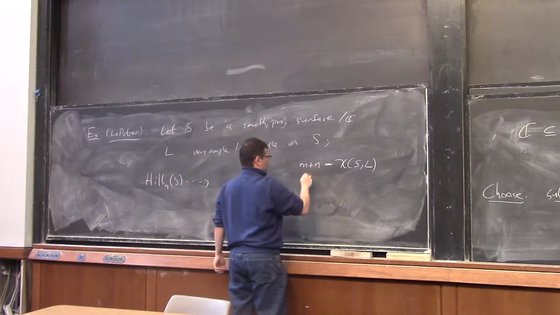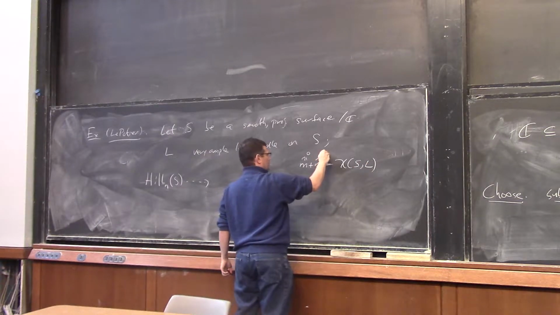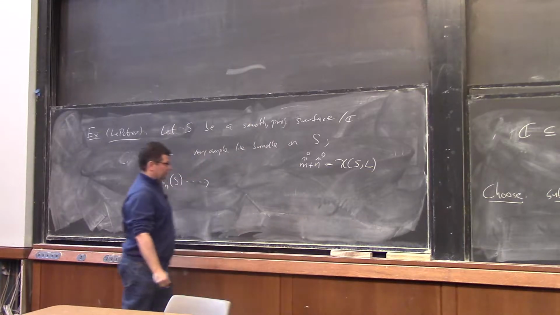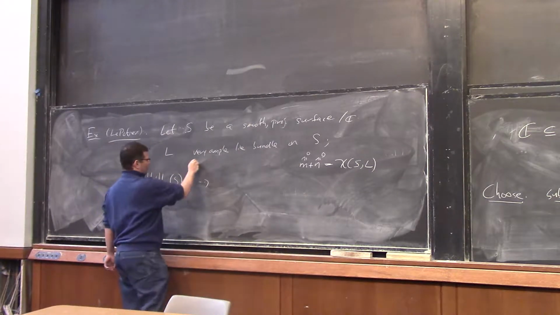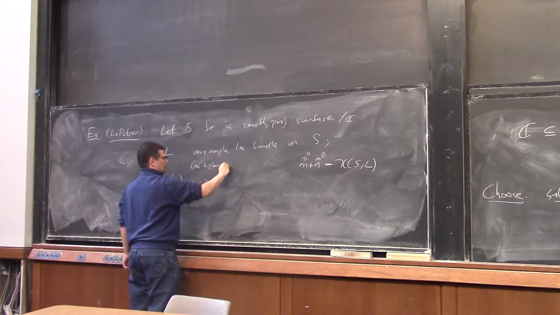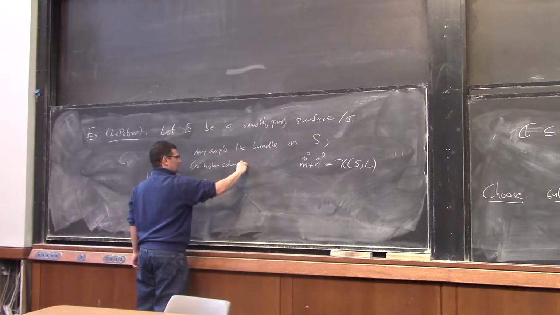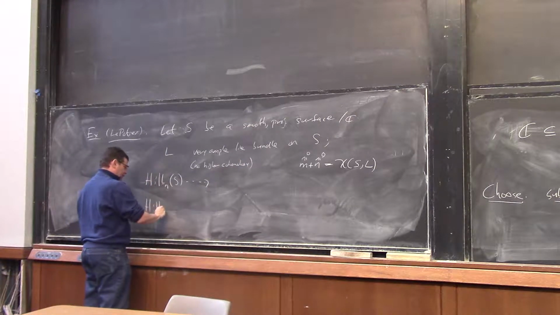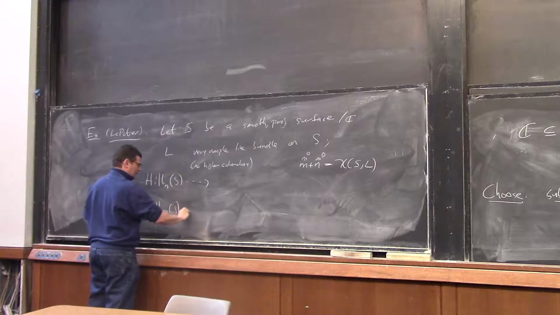I have two non-negative integers that add to the Euler characteristic of L. Maybe I will even want L to be sufficiently ample, maybe no higher homology. Let's do that.